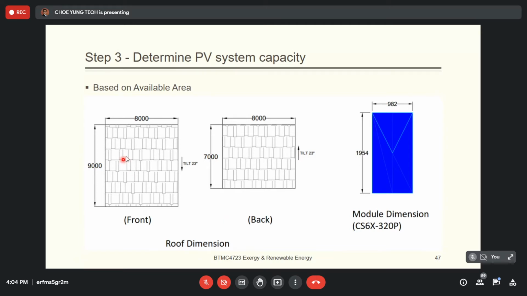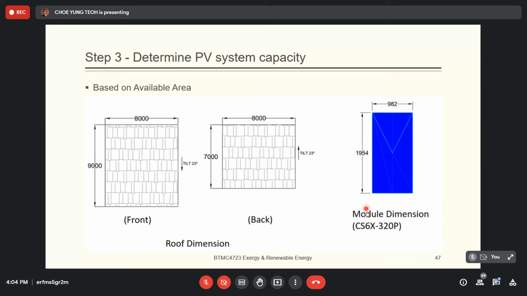For this case, we don't care about direction yet, because the direction will affect the amount of solar energy hitting the panel. That you can calculate using software. But the best direction in Malaysia is to face a little bit to the south.